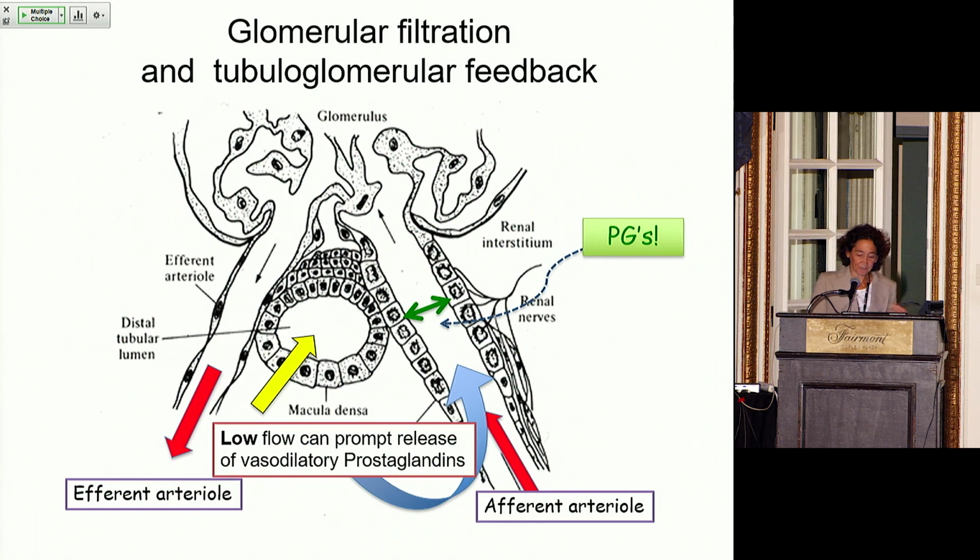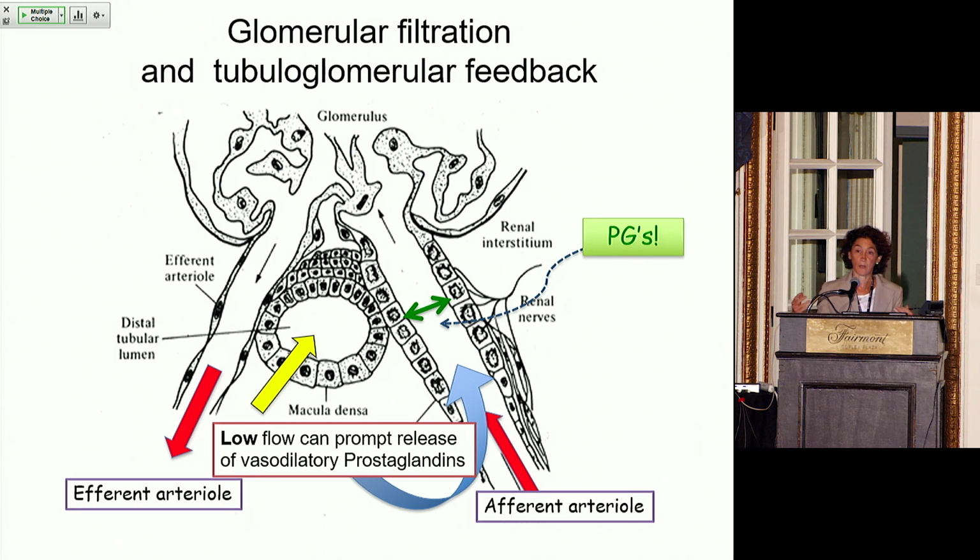And so low flow can lead to the release of vasodilatory prostaglandins, and that's where the diclofenac story comes in. So that will allow you to release prostaglandins and vasodilate the afferent arteriole at the very time that the systemic circulation is vasoconstricted.